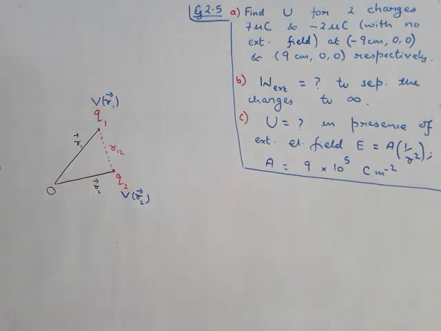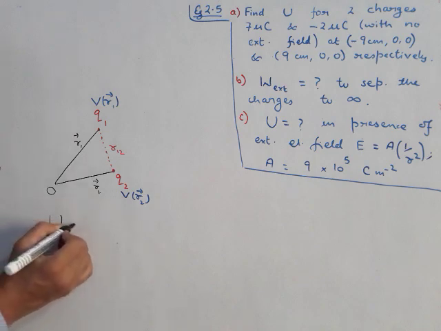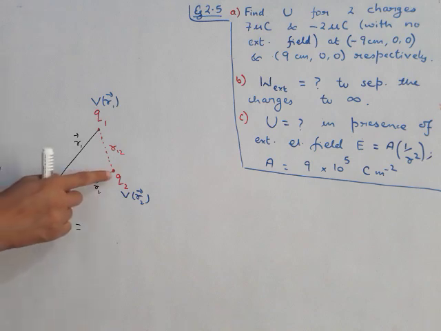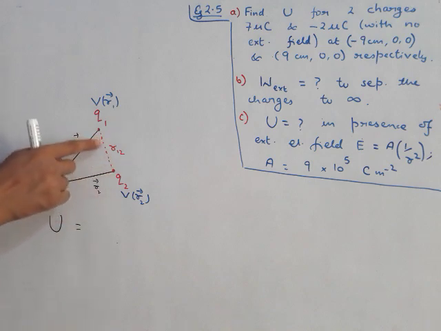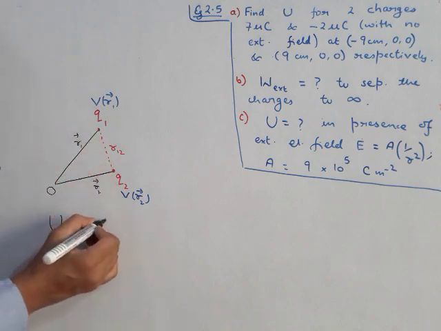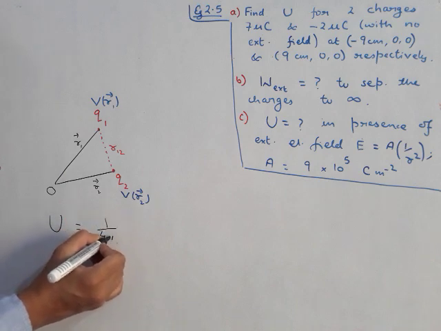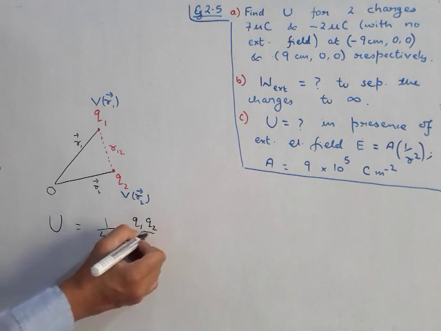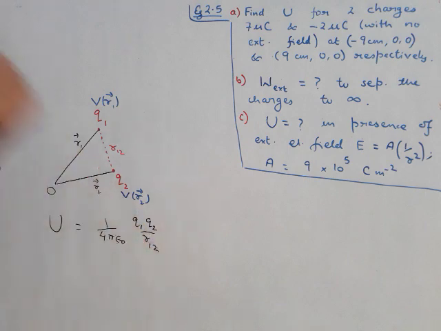Then the total potential energy, if you remember, we had discussed, had three terms. The first term was the potential energy due to these two charges, given as 1 by 4 pi epsilon naught times the product of the charges q1 q2 by the separation between them.